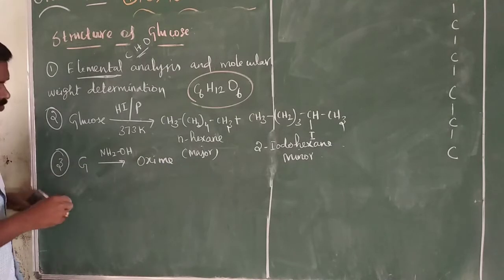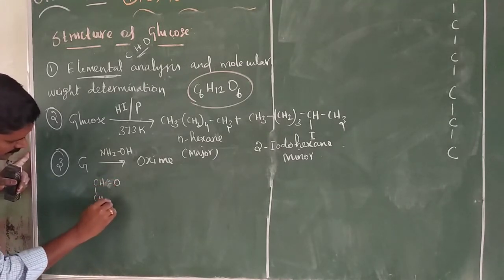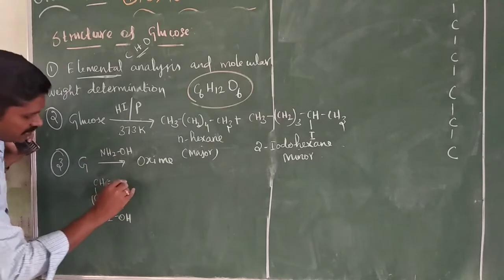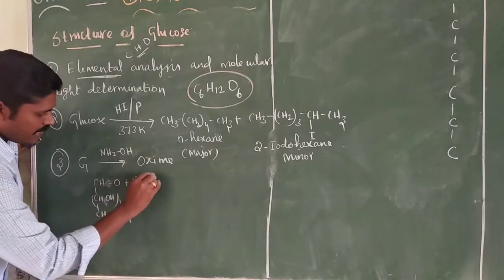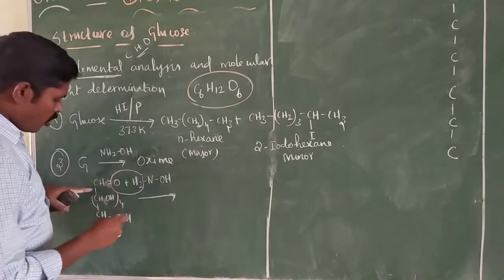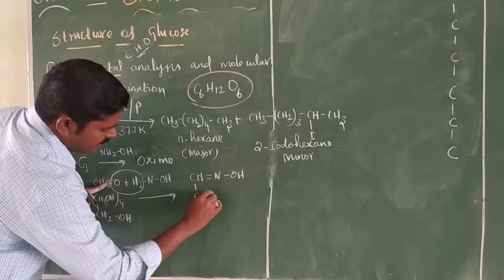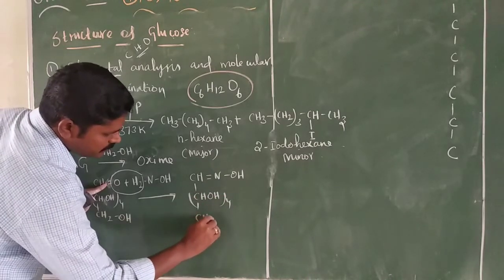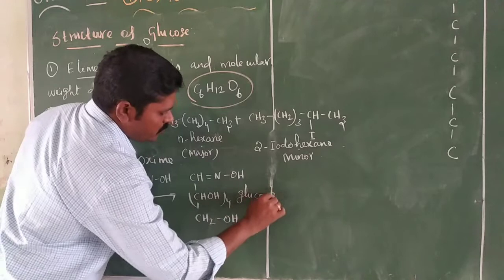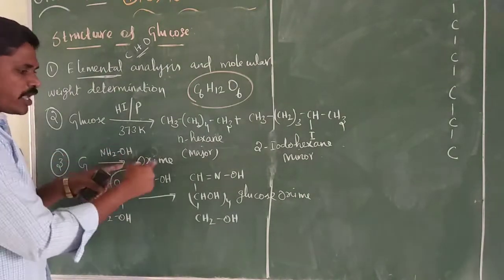Glucose is CHO, (CHOH)4, CH2OH. It reacts with hydroxylamine, H2N-OH, to give glucose oxime, CH=NOH, (CHOH)4, CH2OH.